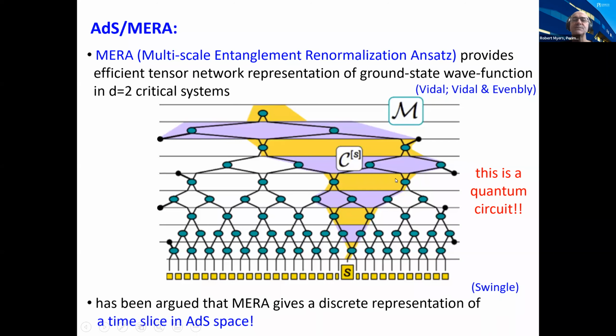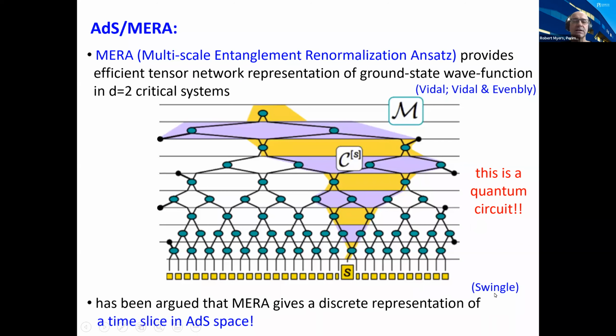Each one of these blobs you can think of as a unitary or a gate that acts on a few spins at a time. What it does is take the original reference state into some complicated entangled state here that is in fact the ground state of my favorite 2D Hamiltonian. So this object that's described as a tensor network, you can also think of as a quantum circuit.